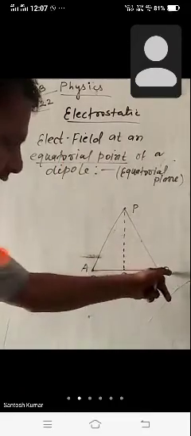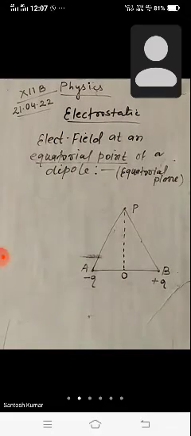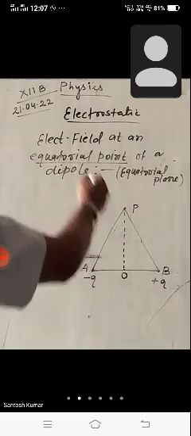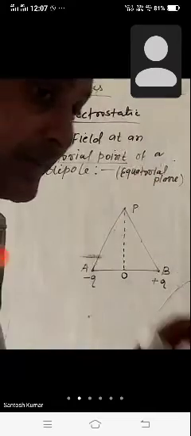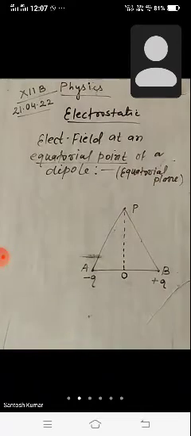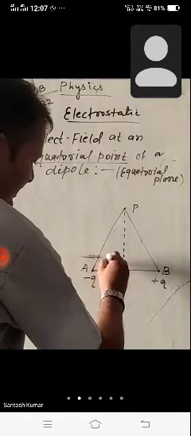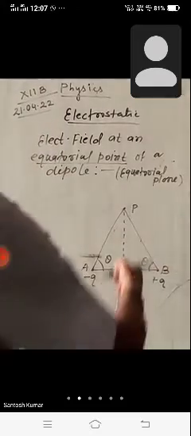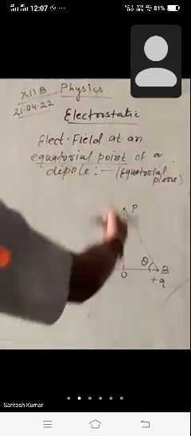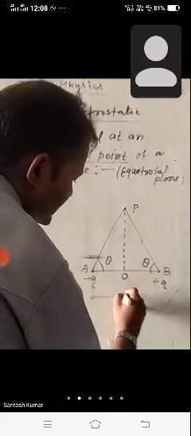AB is the dipole and point P is along the equatorial point, or you can say the equatorial plane. So what will be the diagram? First of all, here one angle is theta, and here again it is also theta. This will be the same. This is the midpoint. So the distance AB is twice a, so simply this will be a, this will be a.